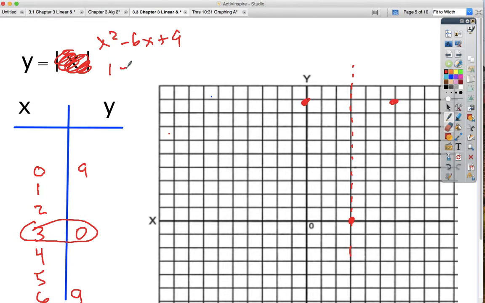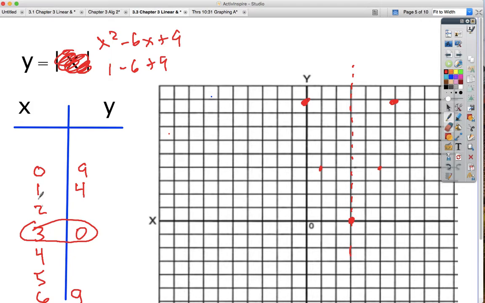Minus 6 times 1 is minus 6, plus 9. 1 and minus 6 is negative 5, plus 9 is 4. So 1 and 4. So I should have an equal y value 2 units away from my vertex. Well, let's see if that's true. It appears to be true visually.